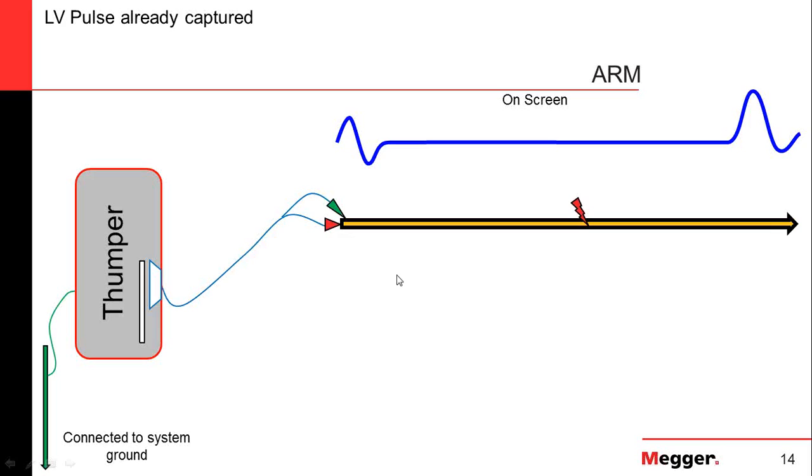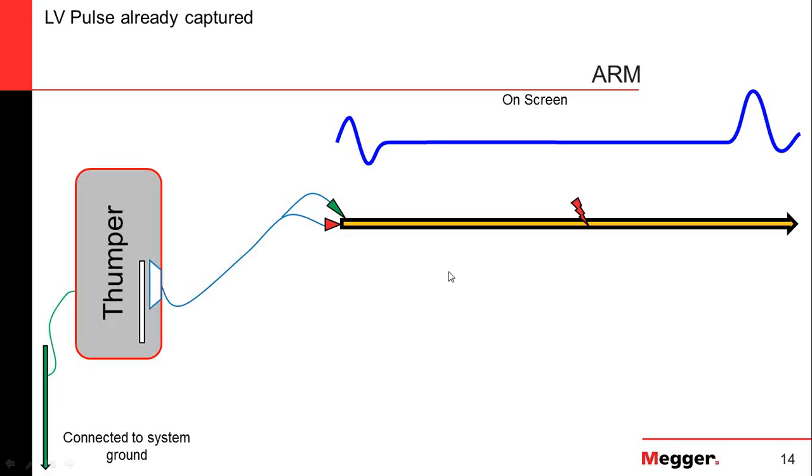Now, before we hook up our equipment, the operator is going to test and ground that cable dead per the specific utility safety procedures. At that point, we're going to connect our thumper to the center conductor and the neutral concentric at one end. And the far end of the cable, the center conductor of the far end, is just going to be stood off or parked.